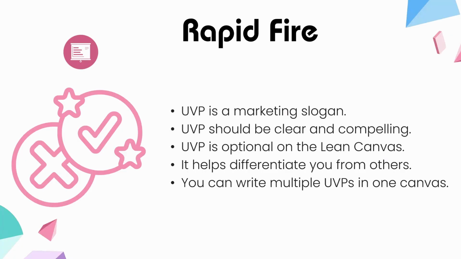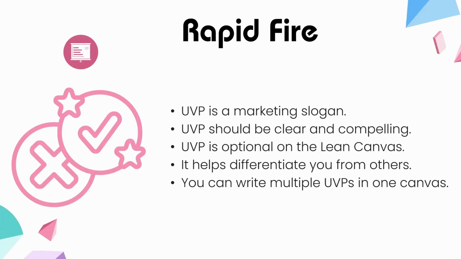It is going to be a clear definition of whom you are targeting and why people have to choose you. Correct? UVP should be clear and compelling. True or false? True. UVP is optional on the lean canvas. False. UVP is the most important thing.